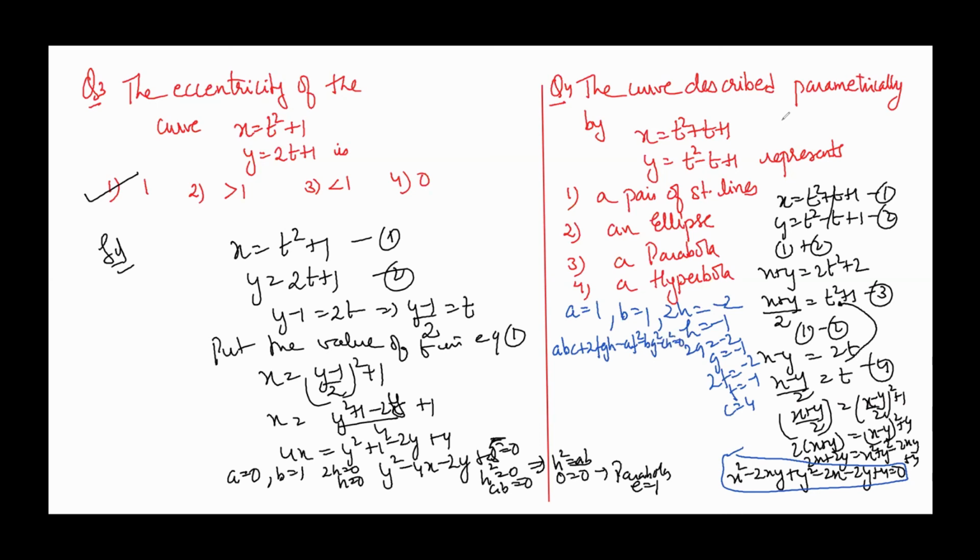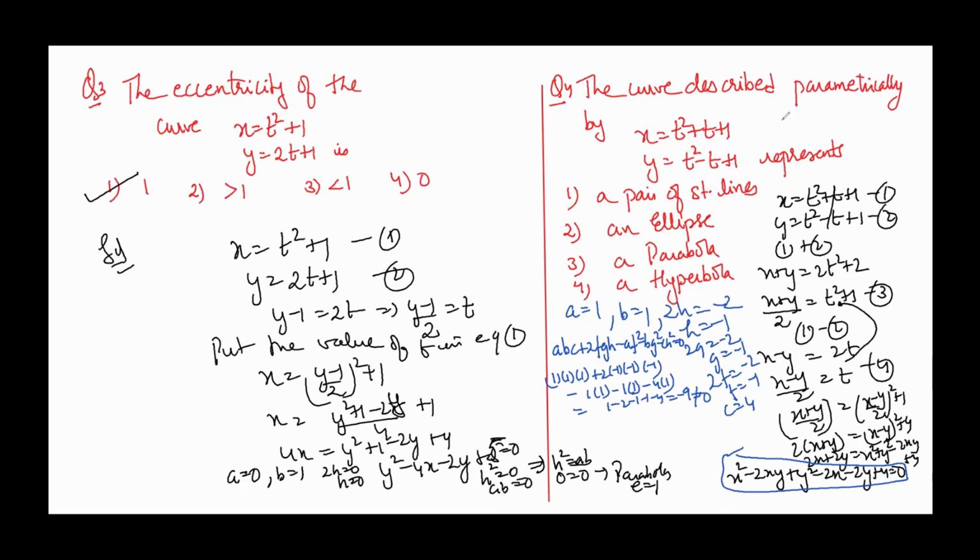When I put these values, I get 1 into 1 into 1, and then 2 into minus 1 and minus 1, then minus 1 into 1 minus 1 into 1 minus 4 into 1, and after solving this I get minus 9, which is not equal to 0. Therefore this is not an equation of a pair of straight lines.